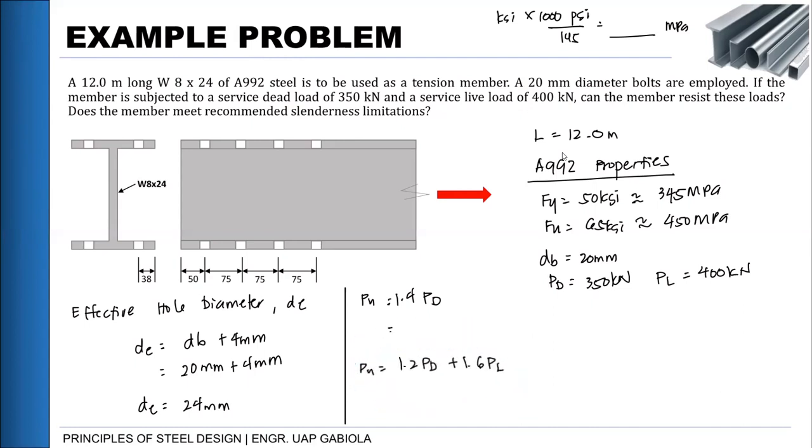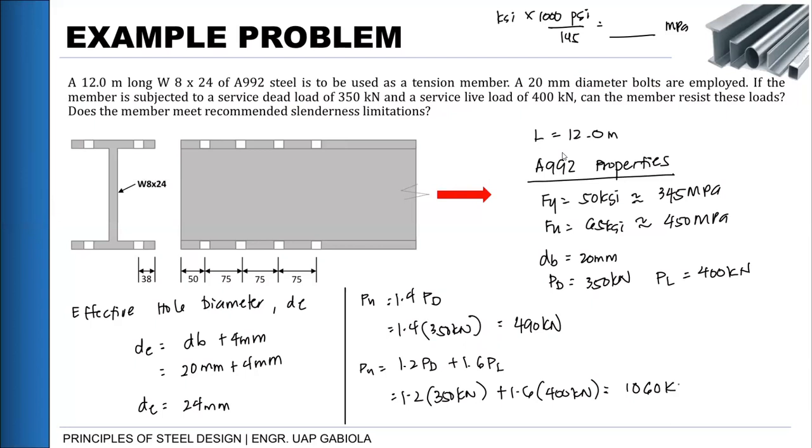So we have here 1.4 times 350 kilonewton. Then here 1.2 times 350 kilonewton plus 1.6 times 400 kilonewton. So this will be equal to 1.4 times 350, that is 490 kilonewton. Then we have 1.2 times 350 plus 1.6 times 400. That is our next value.